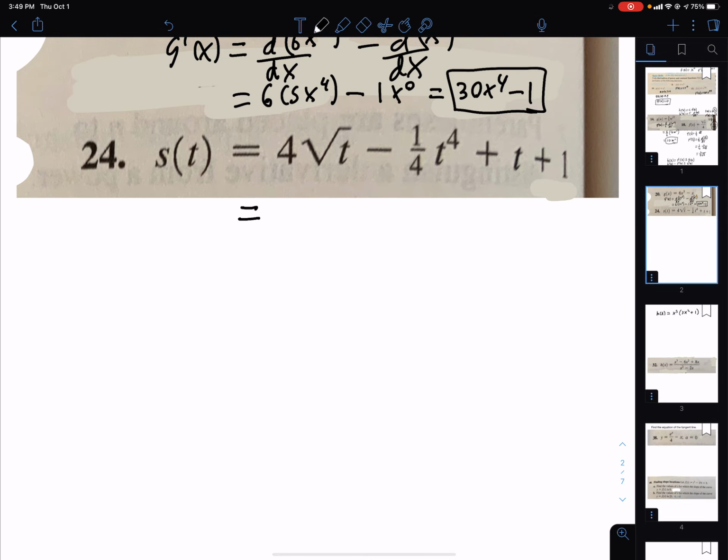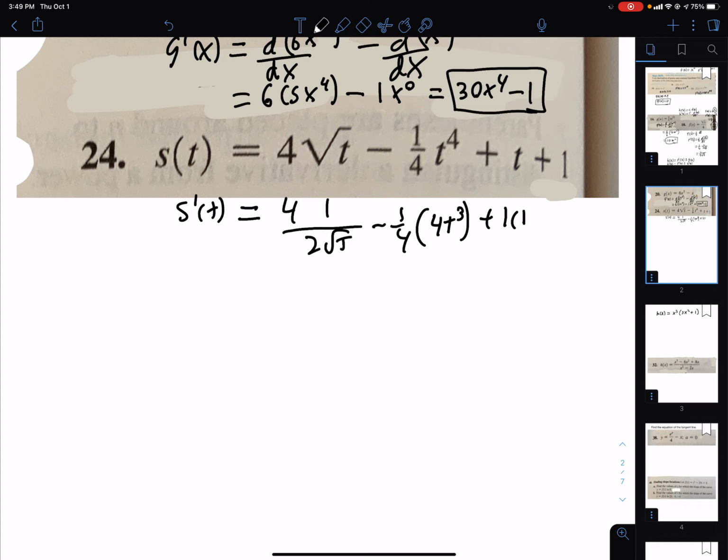And here, just going a little faster because I think you're getting the hang of it, number 4, we talked about the derivative of a radical. That's going to be 1 over 2 radical t minus 1/4. The derivative of t to the 4th is 4t cubed using the power rule. And the derivative of t to the 1st is going to be 1t to the 0.